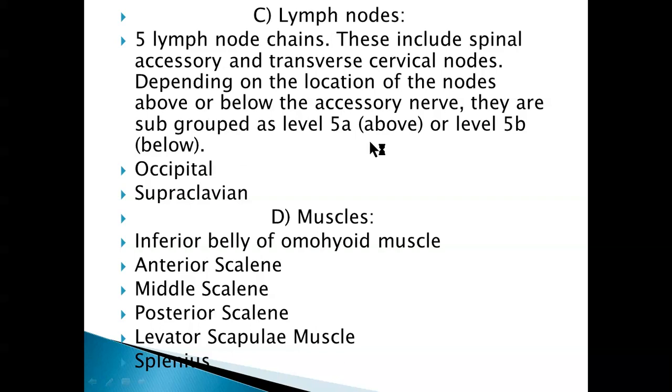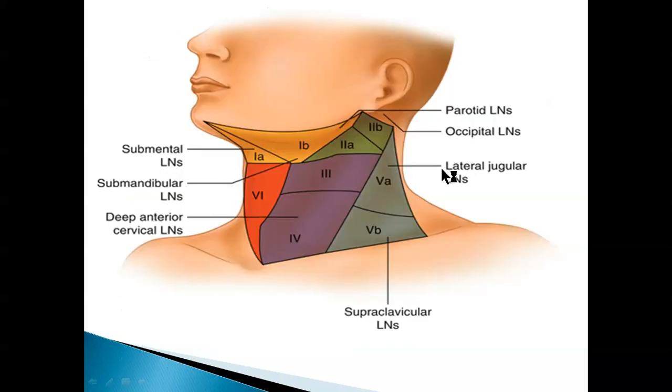Lymph nodes: as we know, the neck area is divided into different areas, subgroups. So it would contain the occipital lymph nodes area, and supraclavicular lymph nodes would be included in this triangle. Here we can see this one is the posterior triangle.